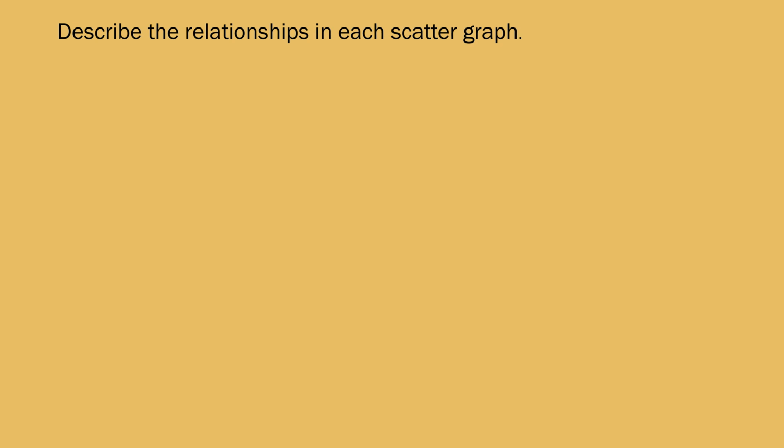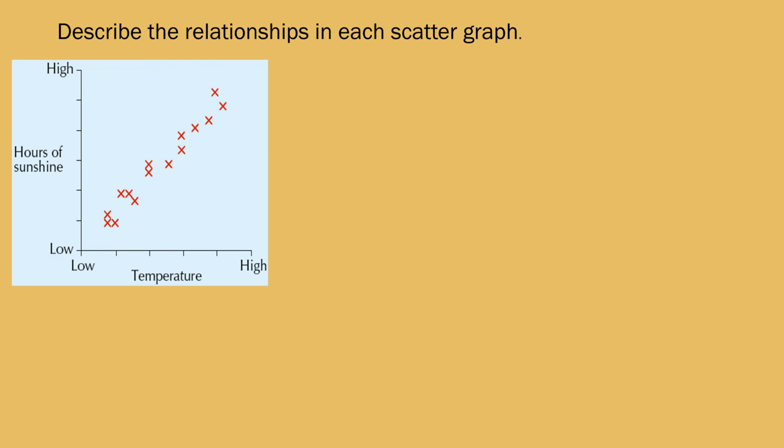So right now, we want to describe the relationships in each scatter graph. So let's take a look at the first one. We have the hours of sunshine represented by the y-axis, and we have the temperature represented by the x-axis.